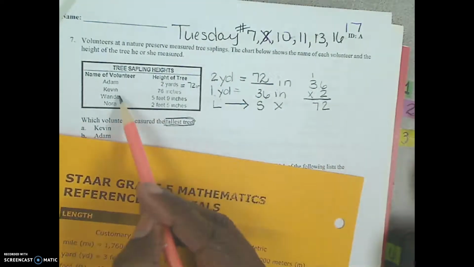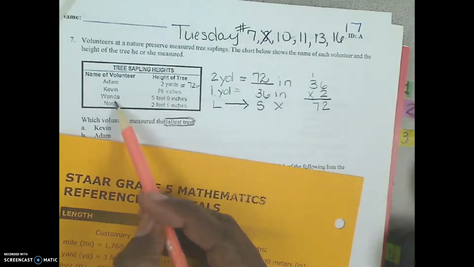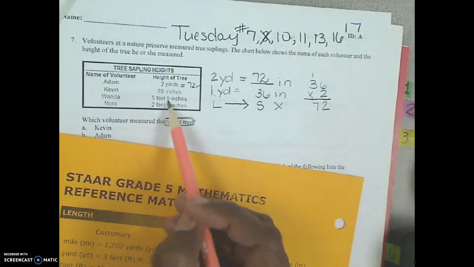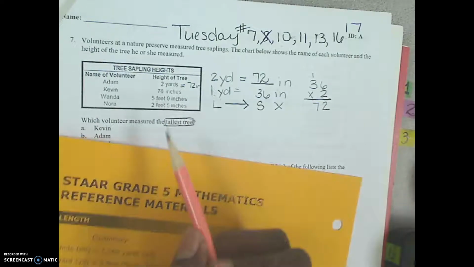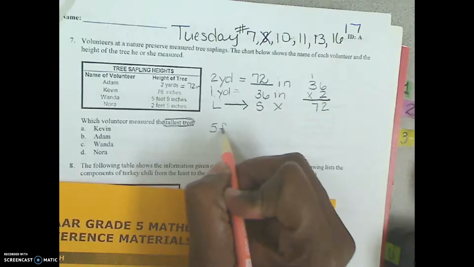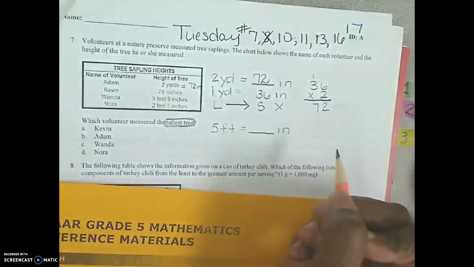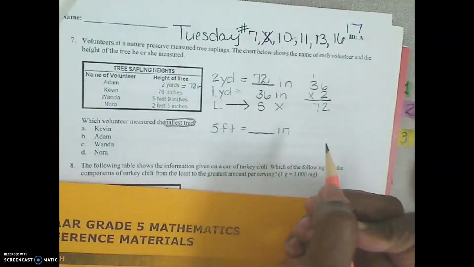Kevin's number is already in inches. He has 76 inches. Then there's Wanda. She has 5 feet and 9 inches. Well, she has some inches, but she also has feet. So I'm going to take her feet and I'm going to convert those into inches. How about you try to do it, hit pause, and then come back and check to see if you have the answer correct.